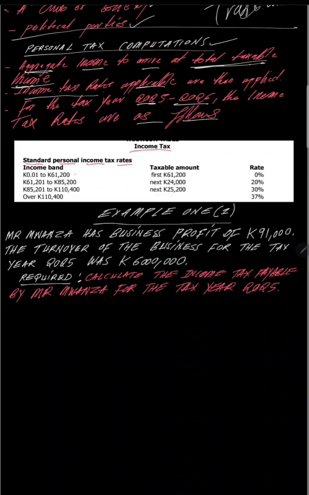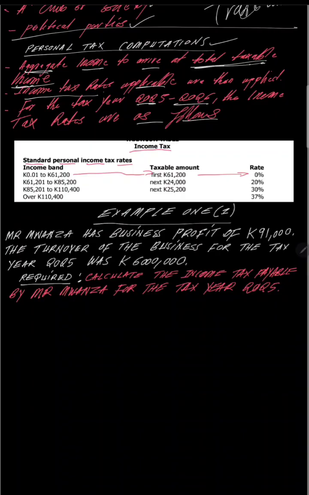You can see that the first band is such that any amount in terms of income from 0.01 to 61,200, any income within this range, from 0 to 61,200, should be taxed at 0.